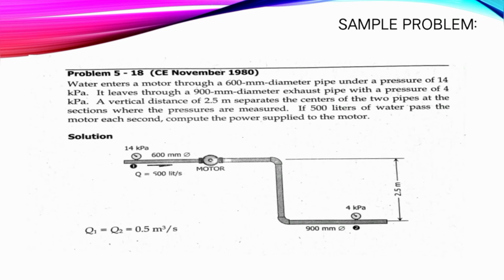A vertical distance of 2.5 meters separates the centers of the two pipes at the sections where the pressures are measured. If 500 liters of water pass through the motor each second, compute the power supplied to the motor.